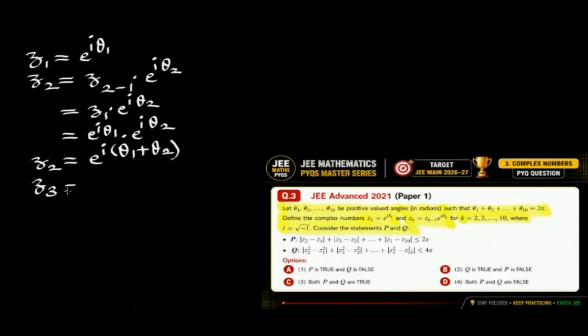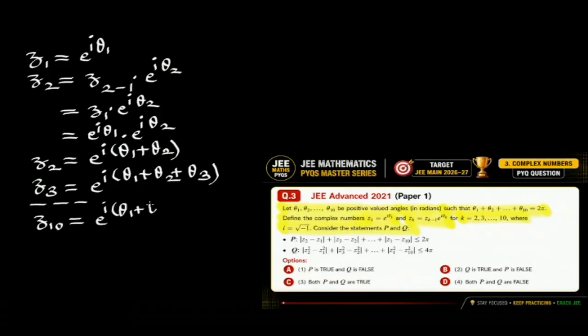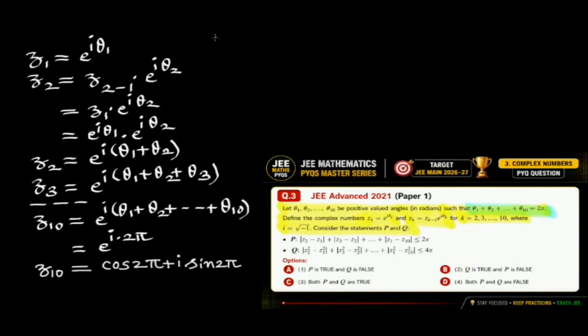Similarly, z3 equals e^(i(theta 1 plus theta 2 plus theta 3)) and so on. And finally, z10 will be e^(i(theta 1 plus theta 2 plus and so forth plus theta 10)), which is e^(i 2 pi), because it is given in the question, which is cos 2 pi plus i sin 2 pi. That gives z10 equals 1 plus i times 0, that is 1.